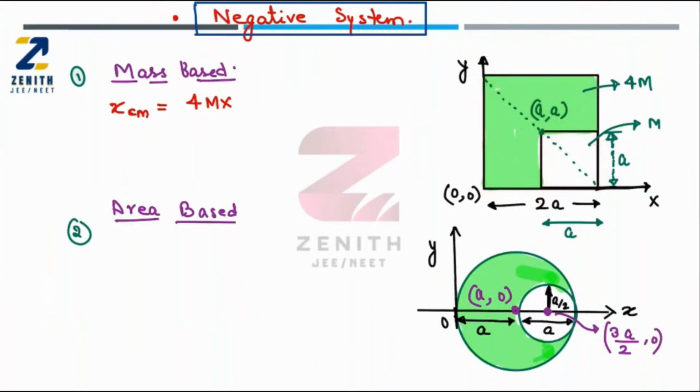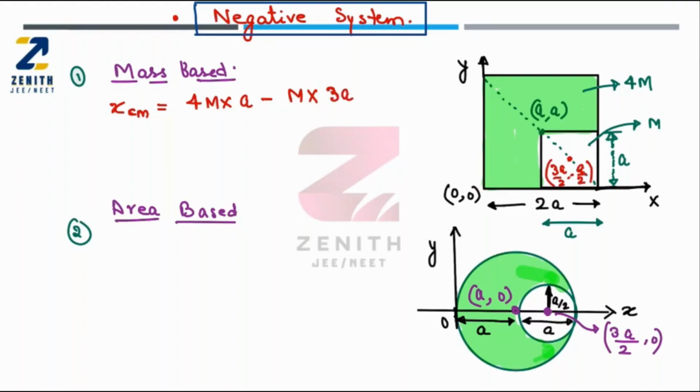So what is this value? 4m into a minus m into 3a by 2, because this is complete a, and the center of mass of this second portion which we have taken out is a plus a by 2, which is 3a by 2, and this value is a by 2.